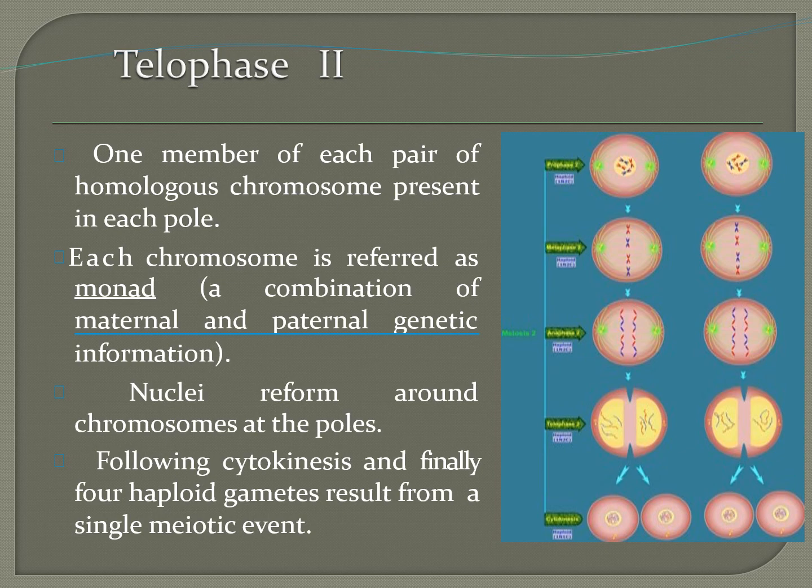One member of each pair of homologous chromosomes is present in each pole. Each chromosome here is referred to as monad. Monad is a combination of maternal and paternal genetic information. The nuclear membrane reforms around the set of chromosomes at the poles. Following cytokinesis, finally 4 haploid gametes result from a single meiotic event.